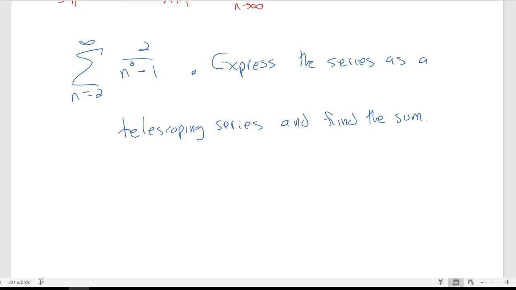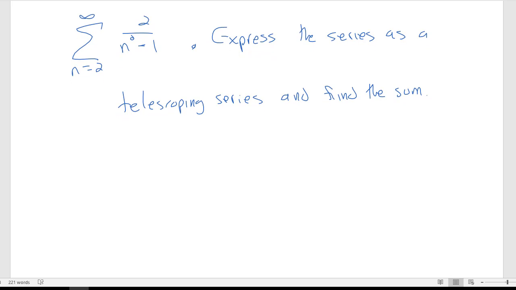Since this is a telescoping series, I know there's going to be a pattern of cancellation here. Now, I'll point out that if I were to just write these terms out as they sit, if I plug in n equals 2, I get 2 squared minus 1, so 4 minus 1 is 3. If I plug in n equals 3, 3 squared is 9 minus 1 is 8.